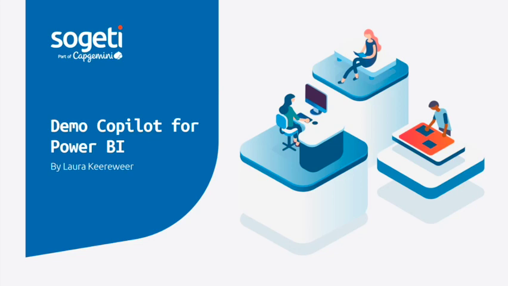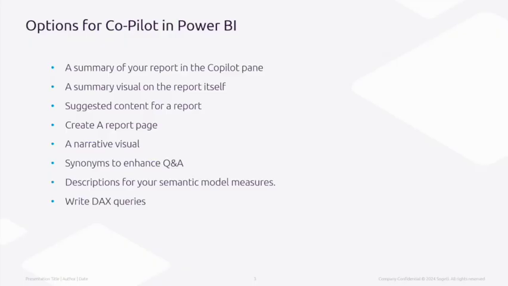But to avoid sensitive data from appearing on the screen, I've created a presentation instead of a live demo. And it's also good because Copilot is actually not very reliable in performance at this stage, because it's still in public preview. So there are a few functionalities that you can assess for Copilot in Power BI. These are the ones we are going to go through.